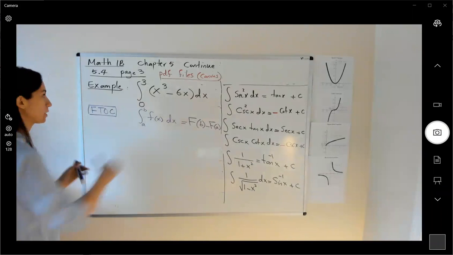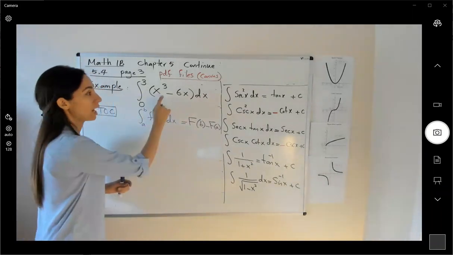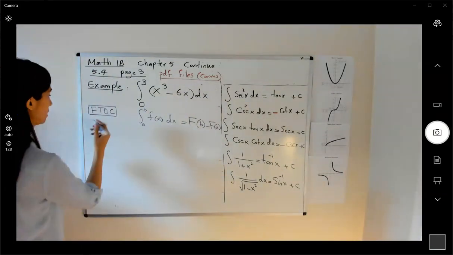Very well. This function is a continuous function. You have a polynomial function, so you can write it this way.